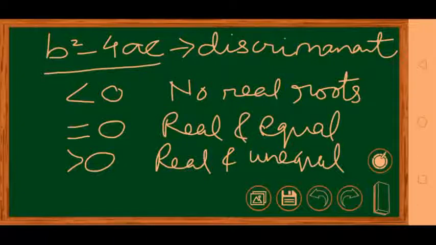So suppose they have given you a quadratic equation, ax square plus bx plus c equal to 0, and without solving you should be able to tell the nature of the roots. Then find out b square minus 4ac and check if it is negative, equal to 0, or greater than 0. Accordingly you can comment.